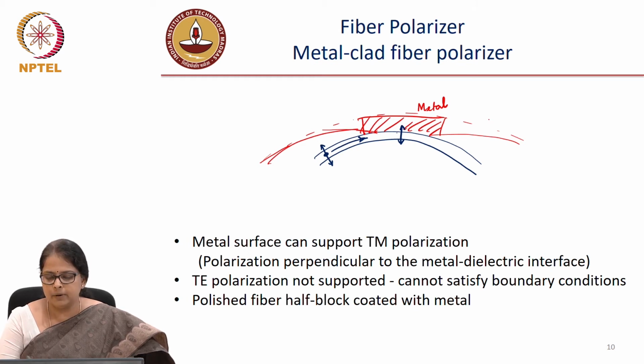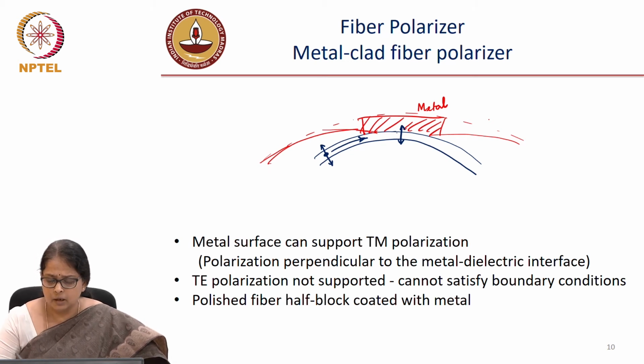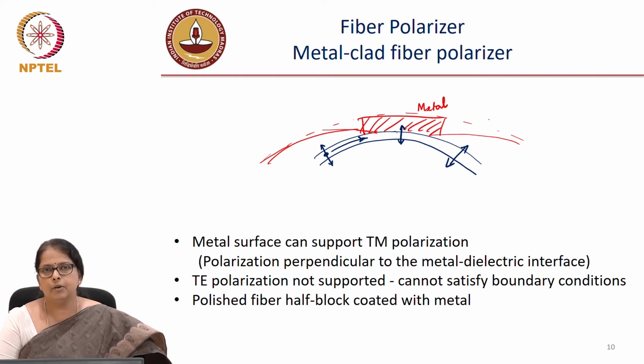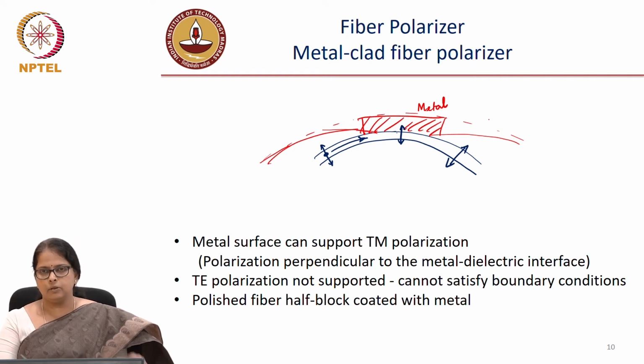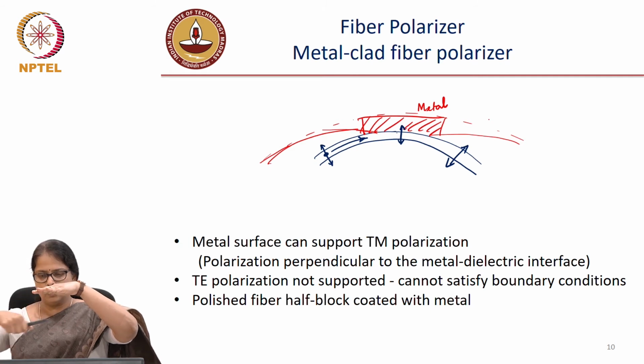So at this point, all the parallel polarization gets attenuated because the metal-dielectric interface cannot support parallel polarization. What comes out is only perpendicular polarization. If you have a metal surface here, it will support only this polarization, it won't support this polarization. So as the light goes into the fiber, the polarization in this direction gets supported, while the polarization in this direction does not.